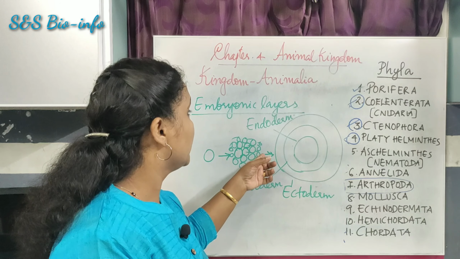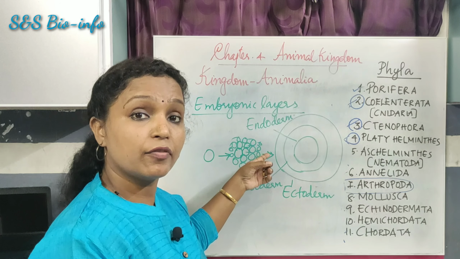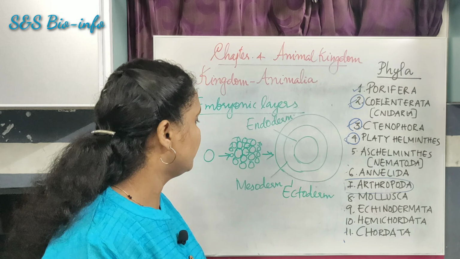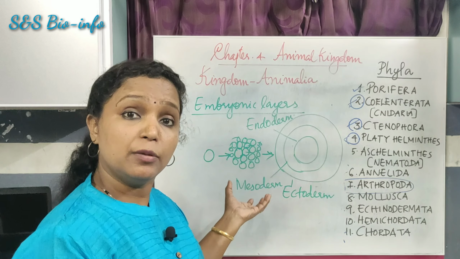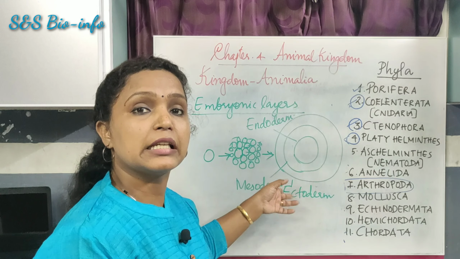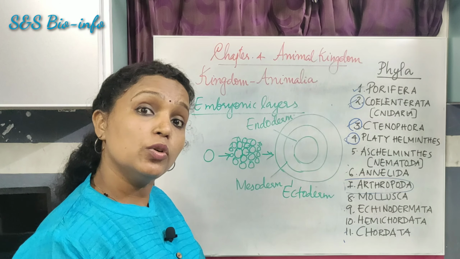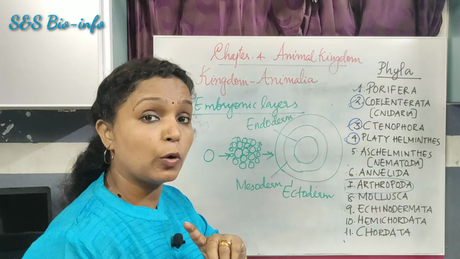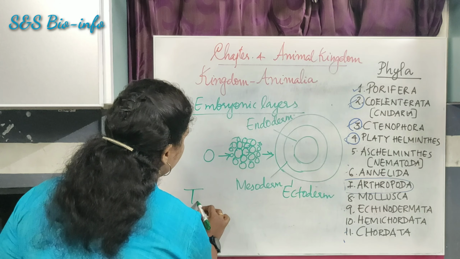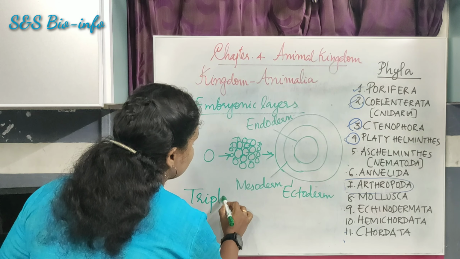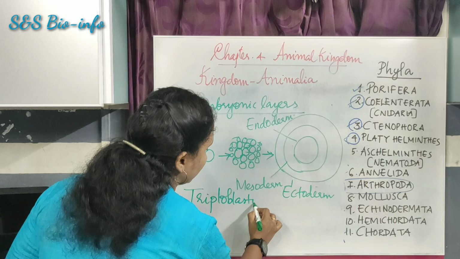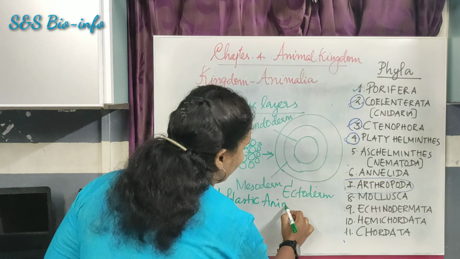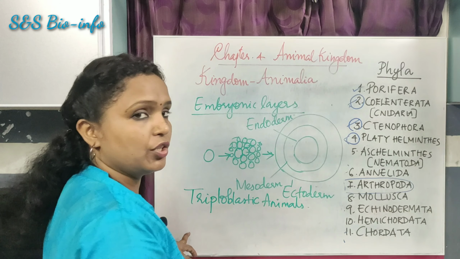These are the germ layers or embryonic layers that are formed during the embryonic development. Some animals possess all these three types of germ layers. Those animals are known as triploblastic animals. That condition is called a triploblastic condition.